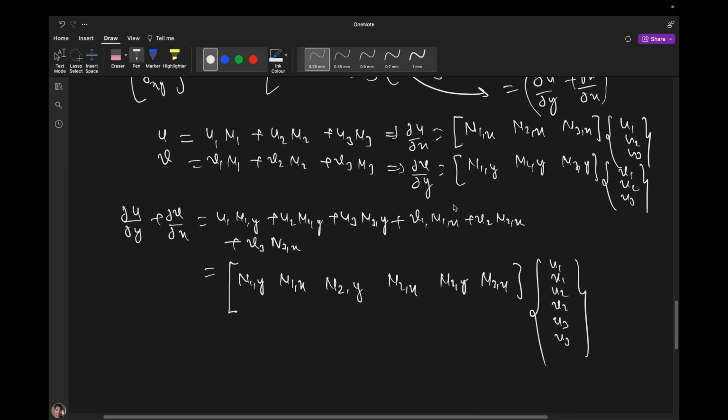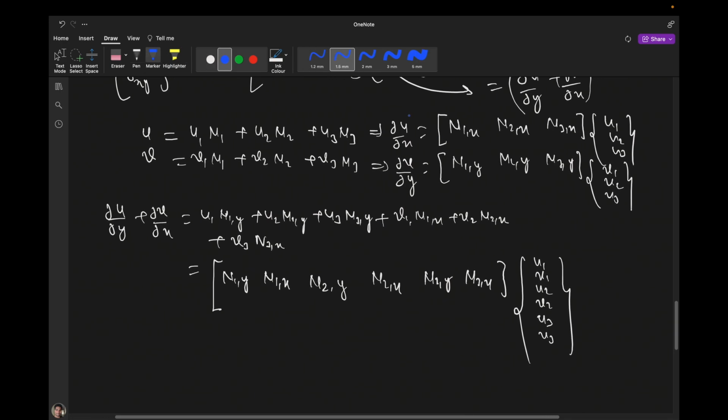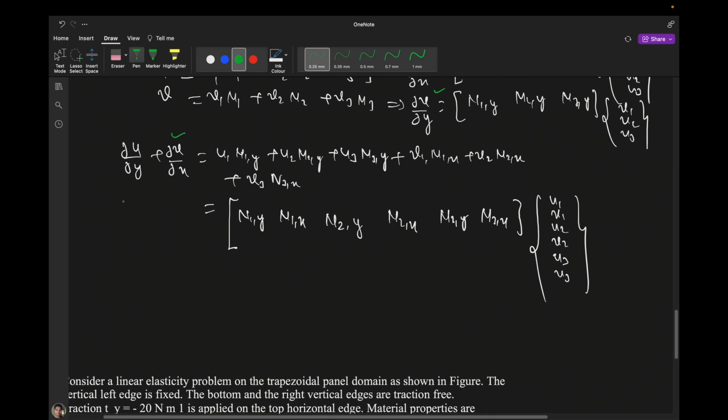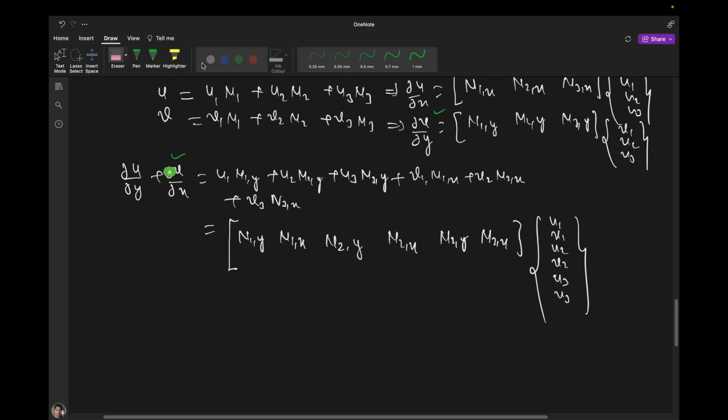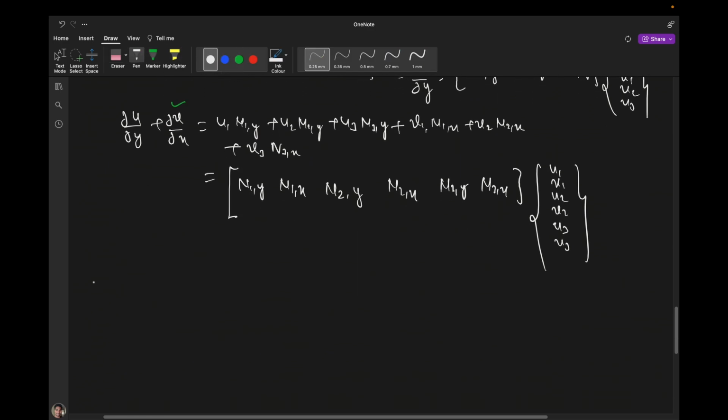Now if I combine these three, then it will form a delta u.